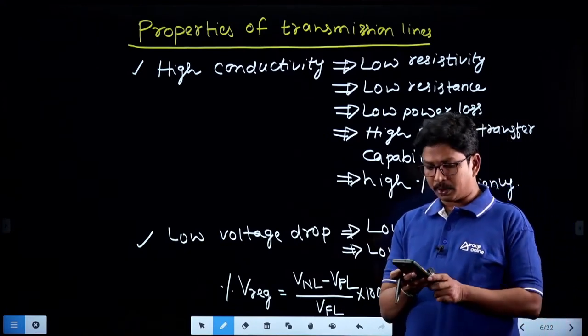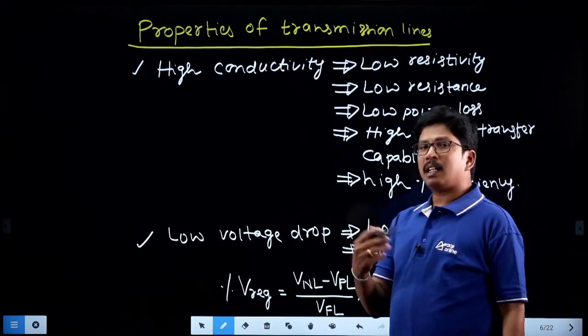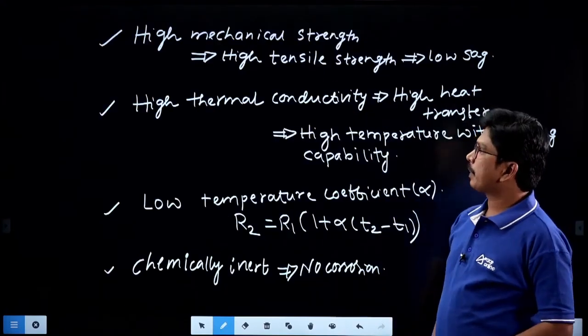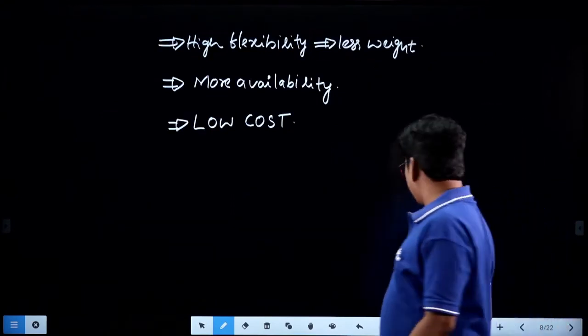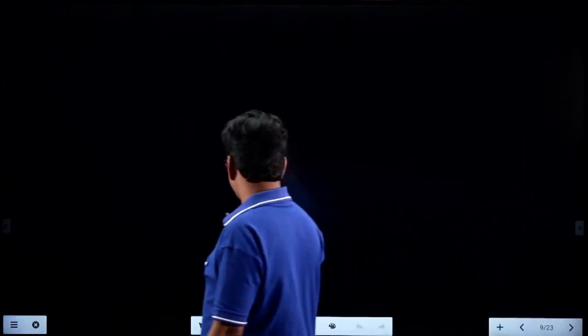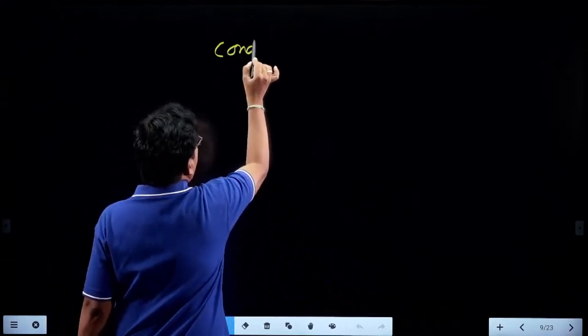Right, students? So these are the properties we have. Now tell me, what are the materials we can prefer for conducting? Now tell me, students, from the highest value of conductivity, conducting materials.